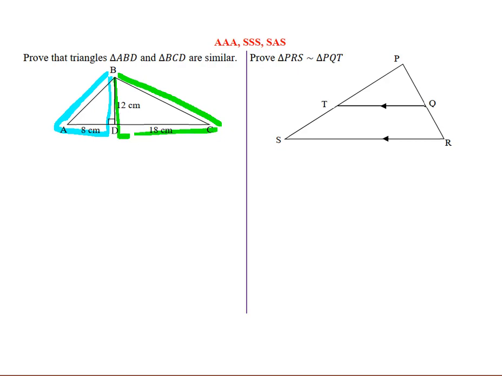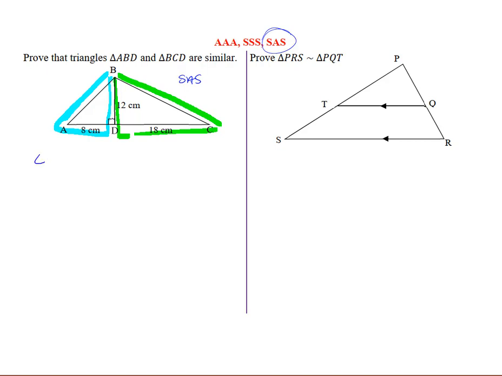I'm given two sides and I'm given an angle. As you can see, I've written the rules that I can use. I'm going to try and do the SAS because I have two sides and I have an angle, because I know that that angle's at right angles. So let's go with that.